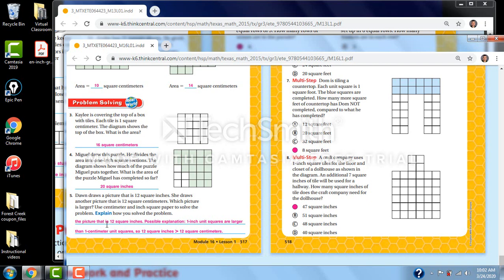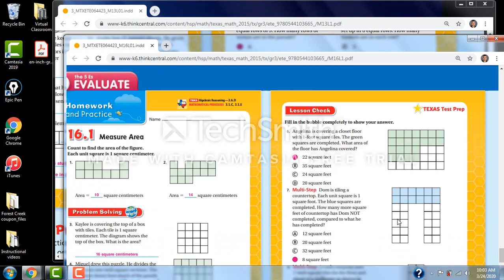The picture with square inches would be larger here, because 1 inch squares are larger than 1 centimeter squares. So 12 square inches is greater than 12 square centimeters, and that's just a visual thing that we have to learn, that your centimeters are smaller than your inches.